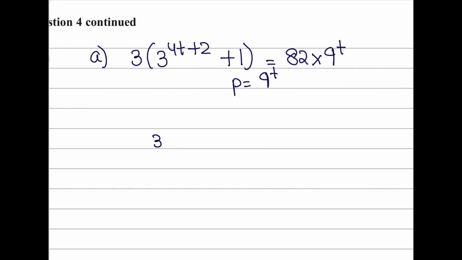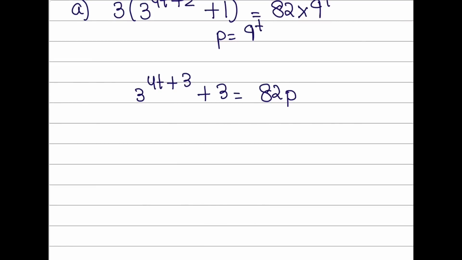So 3 into 4t plus 3, because just adding a power, plus 3 would be the same as 82 into 9 raised to t, and t can be replaced with p. Now I can write it down as 3 into 3 cubed into 3 to the 2t raised to 2, because 2t into 2 is 4t plus 3, so it would still be 4t plus 3 plus 3 is equivalent to 82p.